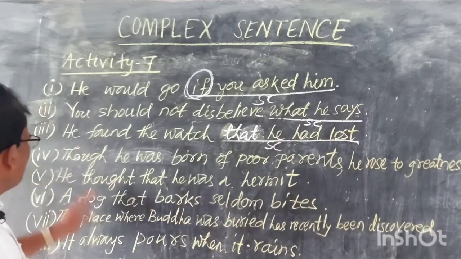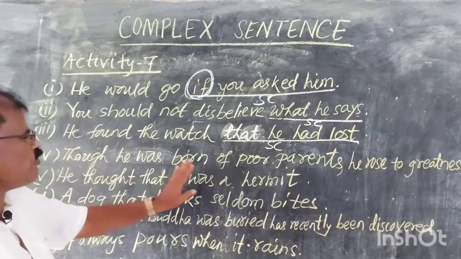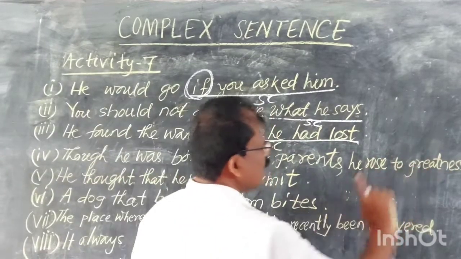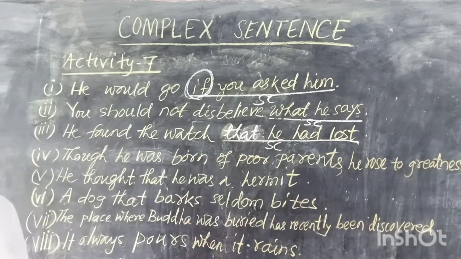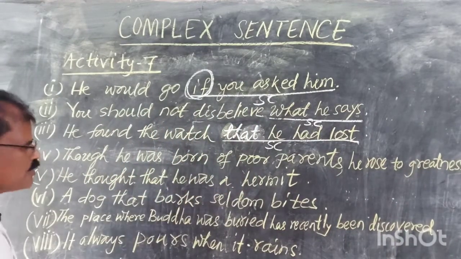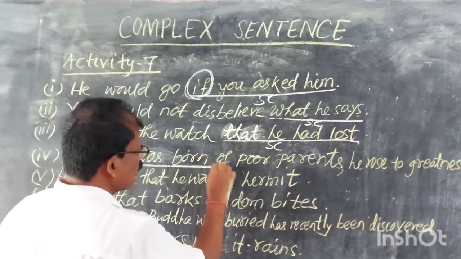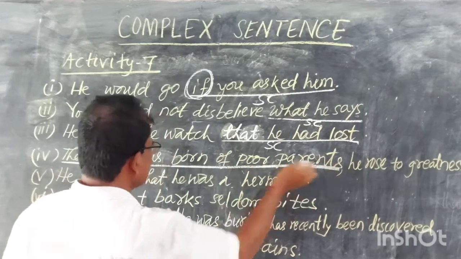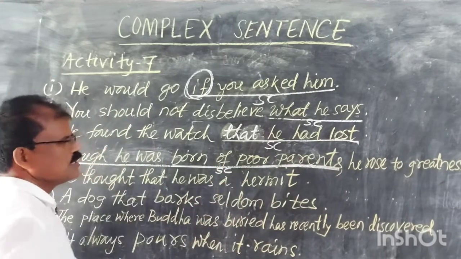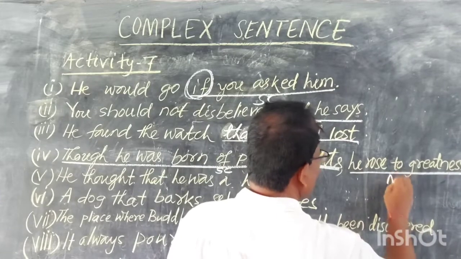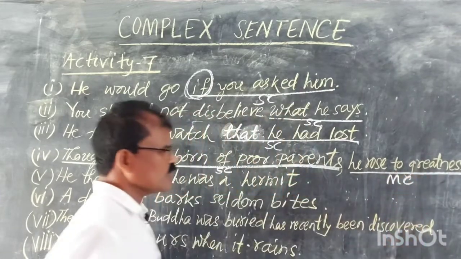Very good. Though he was born of poor parents, he rose to greatness. Which is the subordinate clause? Yes, though he was born of poor parents. He rose to greatness is the main clause.